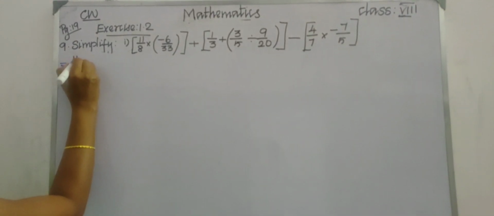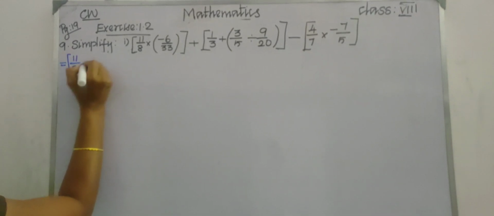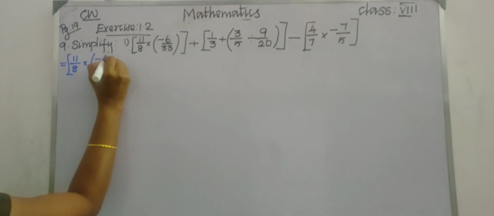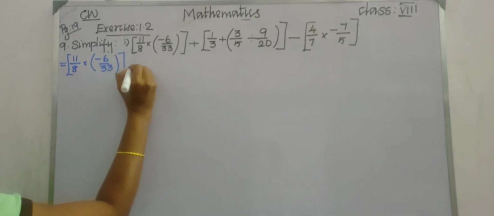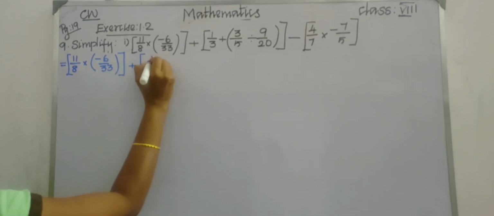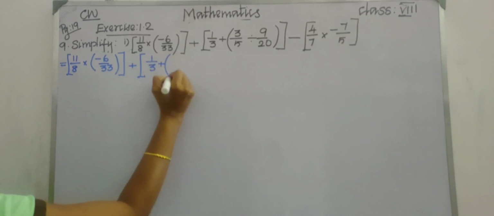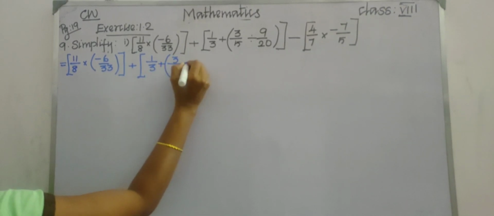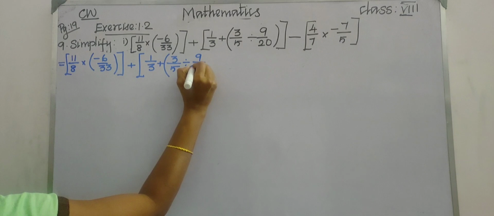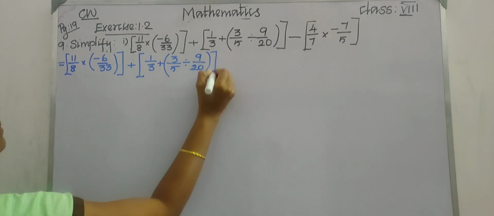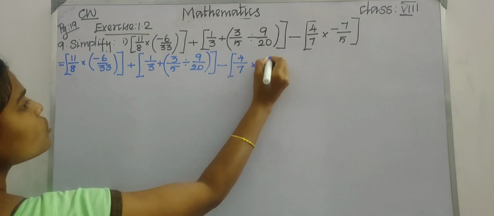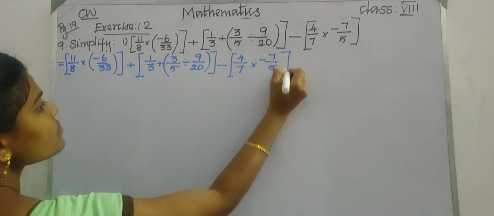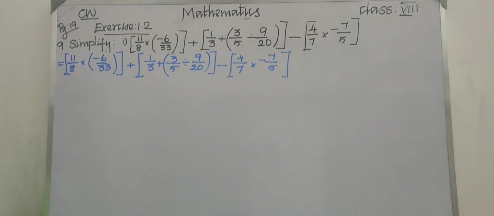So that is 11 upon 8 into minus 6 upon 33, okay, plus 1 upon 3 plus 3 upon 5 divided by 9 upon 20 minus 4 upon 7 into minus 7 upon 5. Okay children, this is the question, right? So we have written the same question.